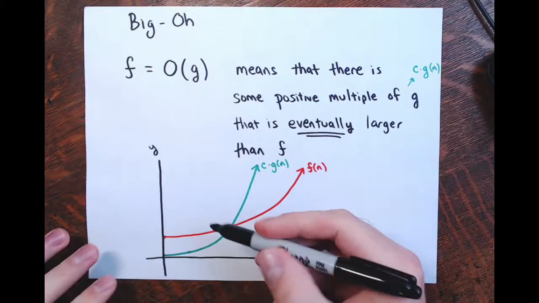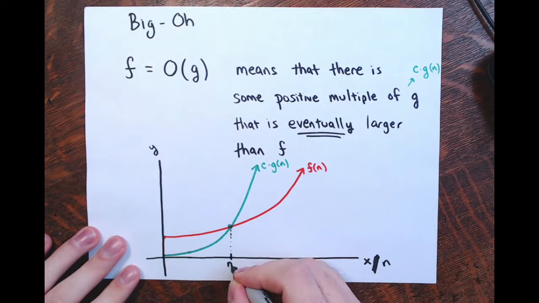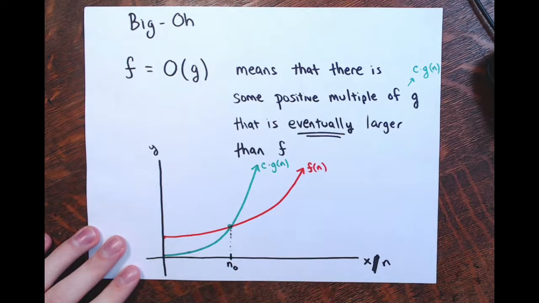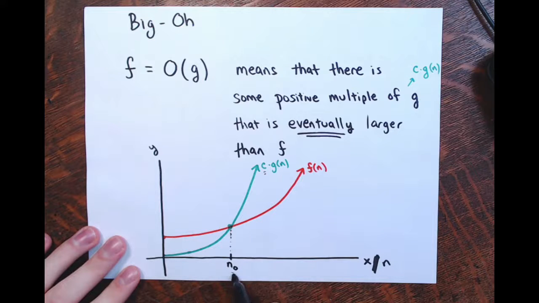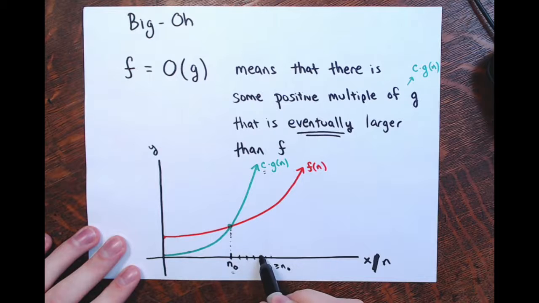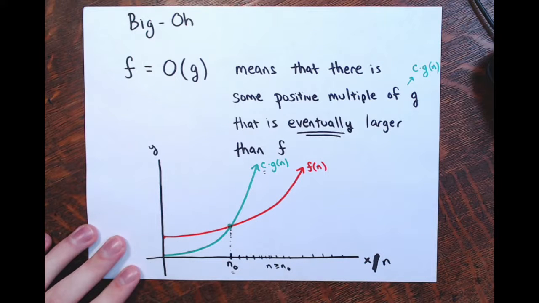And then this value here on the horizontal axis is that n sub 0 that they're talking about. They said there's some positive value c and some positive real number n sub 0, such that when I take values of n greater than or equal to n sub 0, from then on, this positive multiple of g is greater than f.